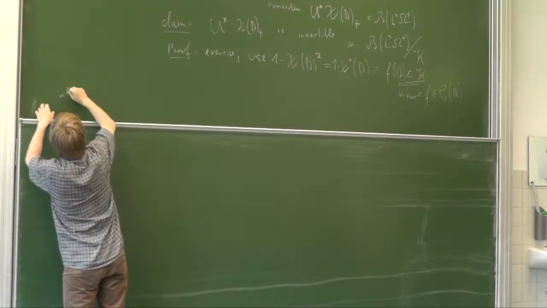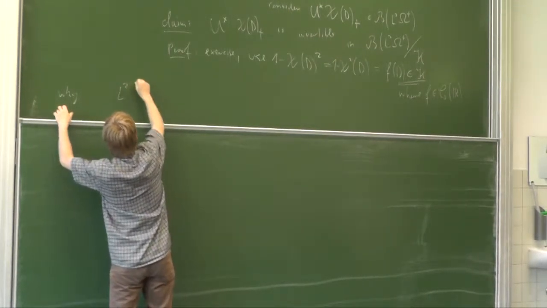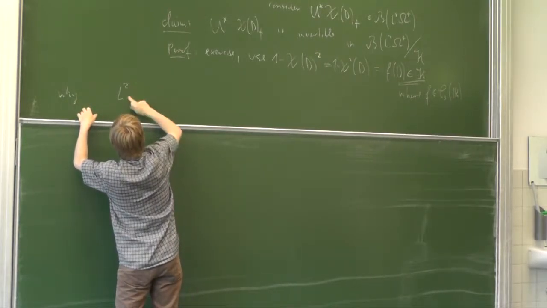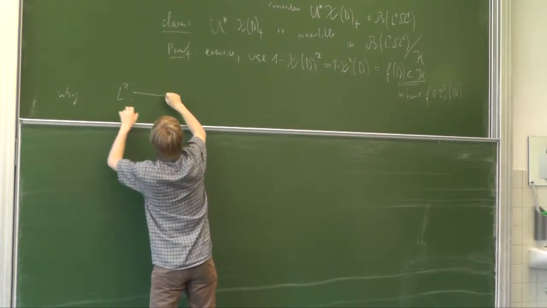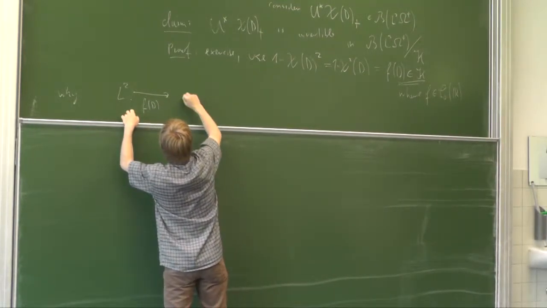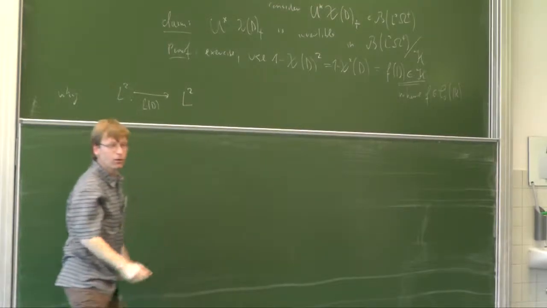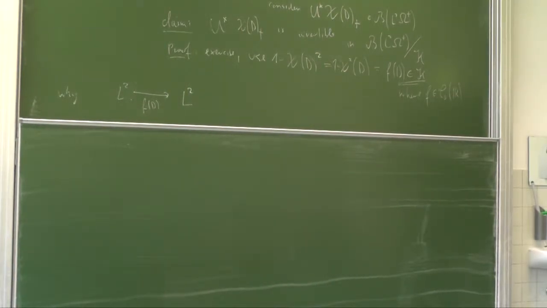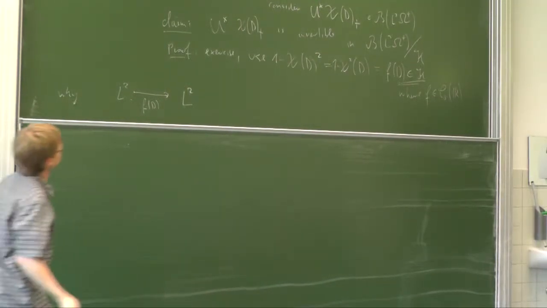So let me just write L2, then we apply f of D, and we end up in L2 again, a bounded operator. I'd like to see that this is a compact operator.